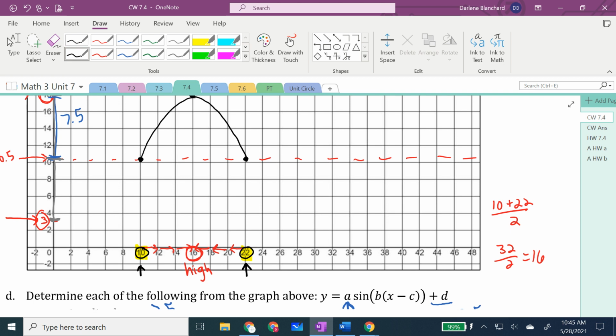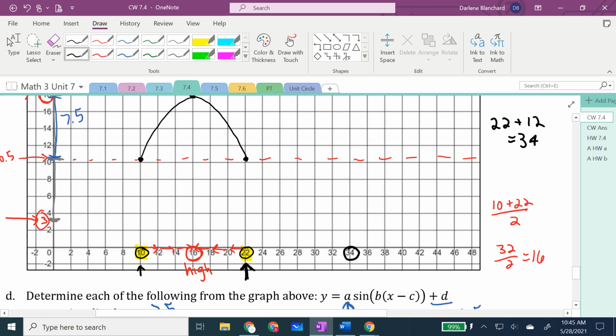So if I want to, I can start at the 22 and go 12 more hours. So where am I at if I'm at 22 plus 12 more hours? That puts me at 34 hours.